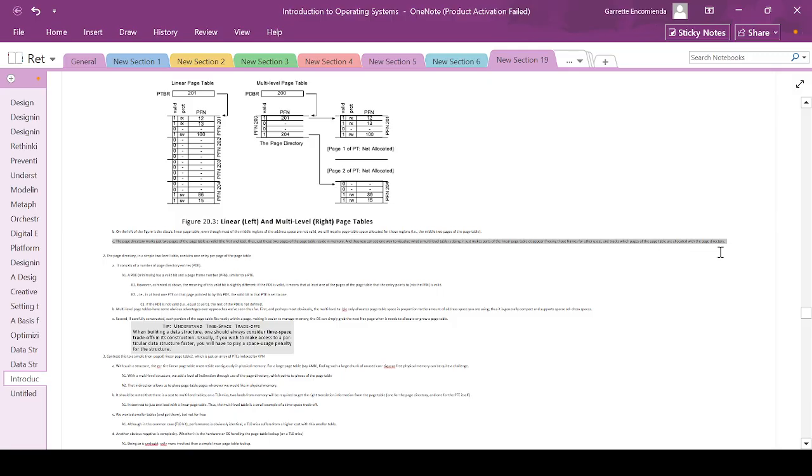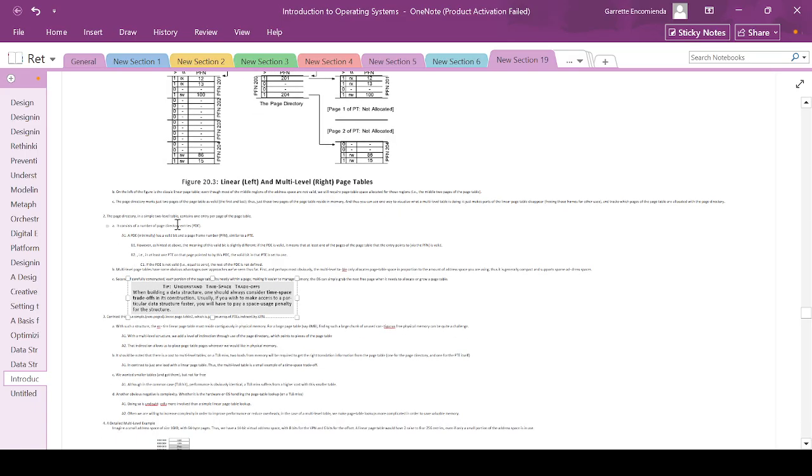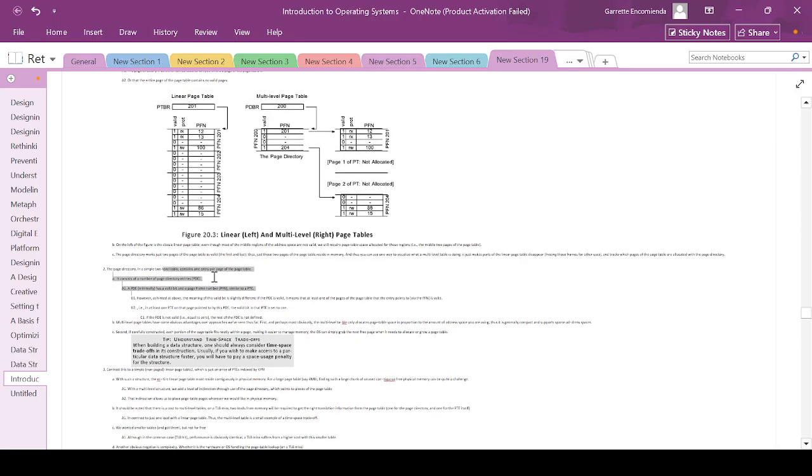With the page directory, here are the pages of the page table that are allocated. So this is the visual representation of that. The page directory in a simple two-level table contains one entry per page of the page table.